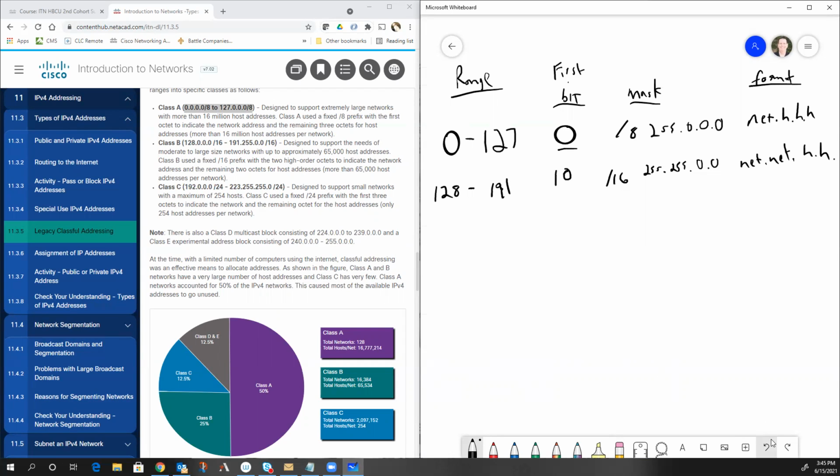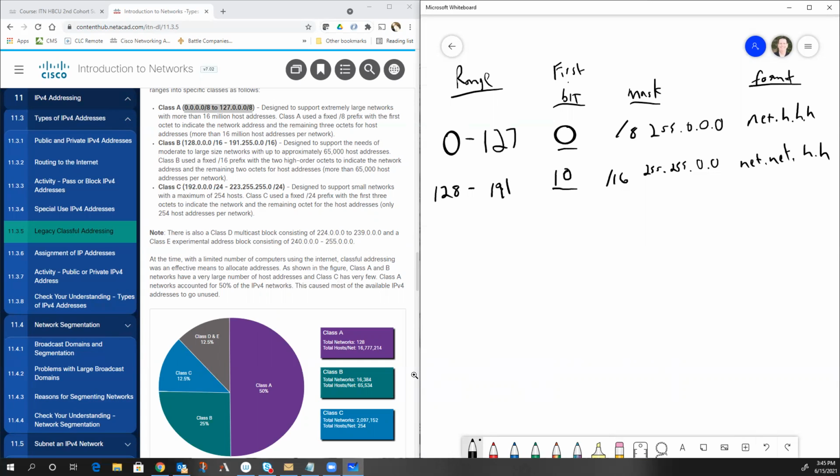Ignore my last dot. That is 16,384 networks, which is confusing because there are 16 bits, but remember 2 of those bits are reserved because they have to be 1, 0. So 2 to the 14th is 16,384 total networks.